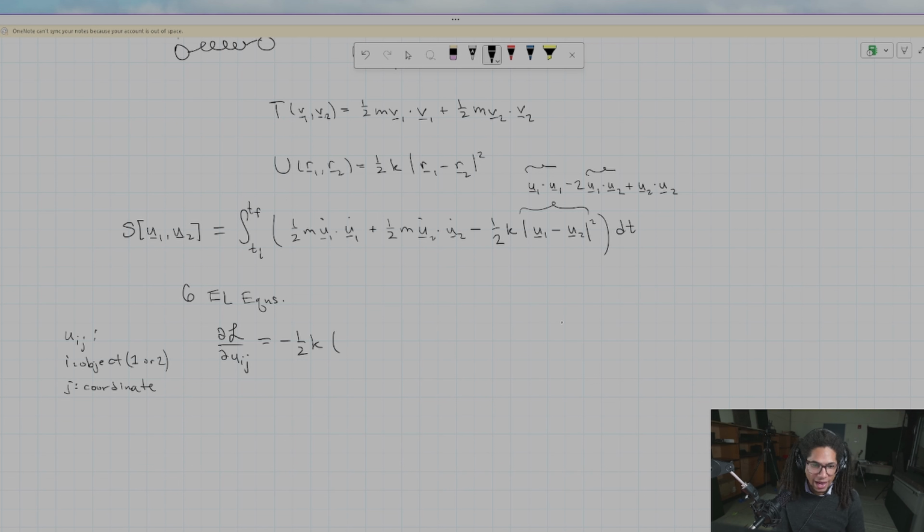Then, from actually taking the derivatives inside, we're going to get 2 u_ij, and then minus u_(i+1) times 2 from the 2 here, times u_(i+1),j, where i+1 is the other one.